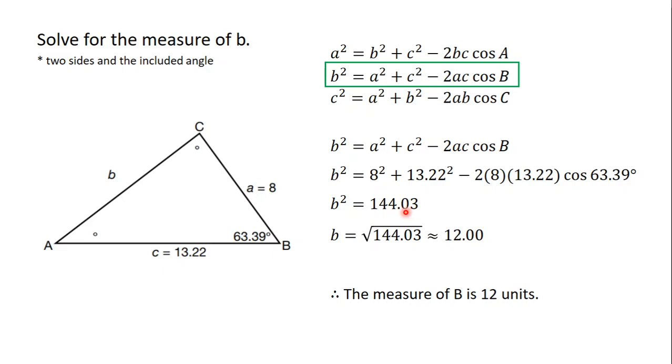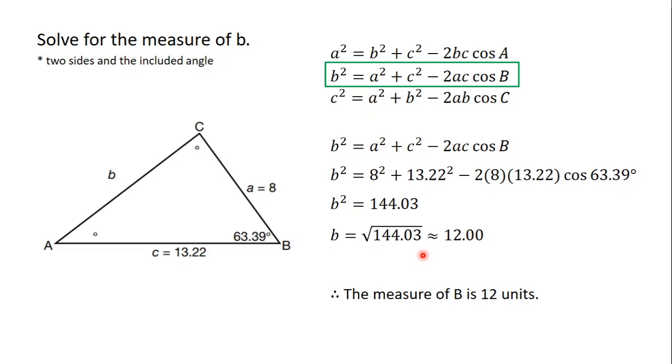You can input all these numbers into your calculator, and the resulting value will be 144.03. That is the value of B squared, but we are just solving for the value of B. So we need to extract the square root of both sides of the equation. So B is equal to the square root of 144.03, or approximately 12. Now, are we going to indicate the positive and negative sign of the square root?